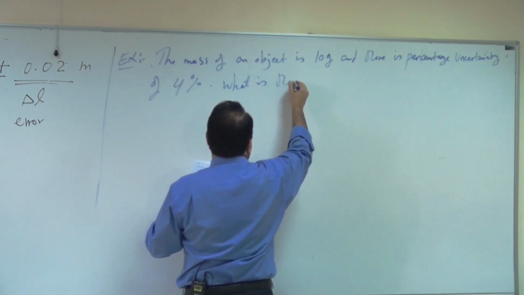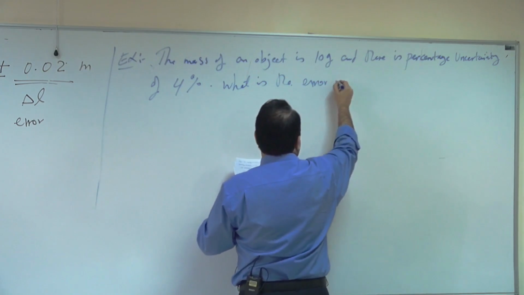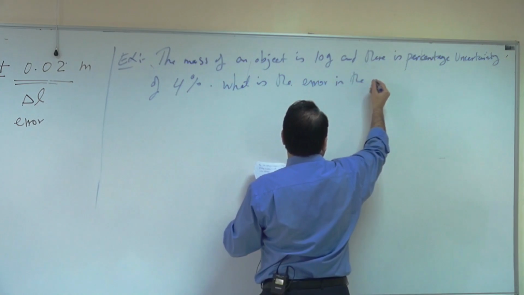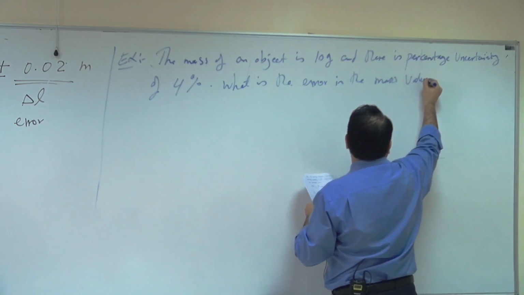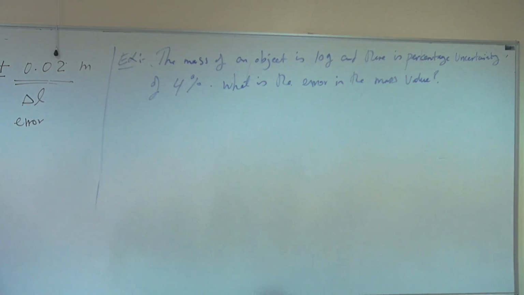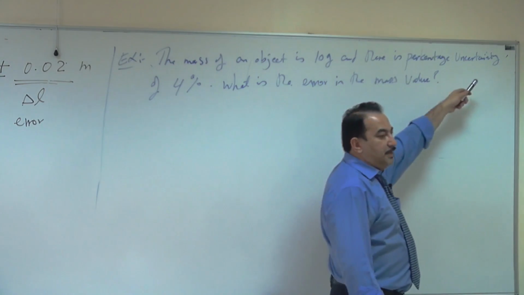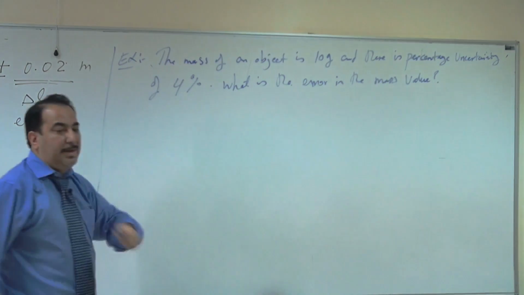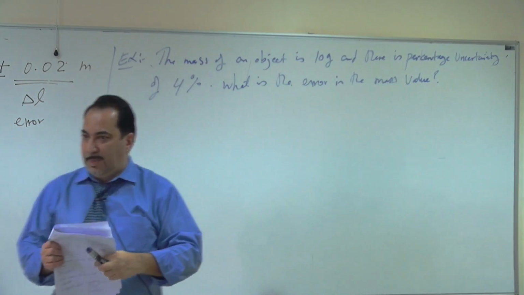What is the error in the mass value? So we have the mass of an object is 10 grams, and there is a percentage uncertainty of 4%. What is the error in the mass value? Okay?